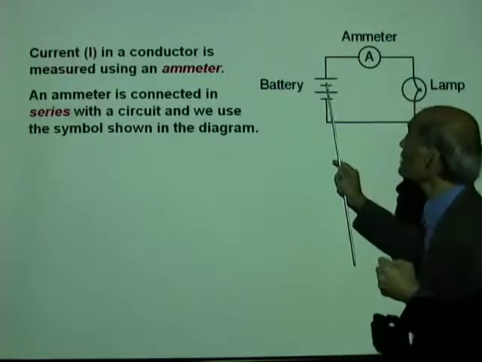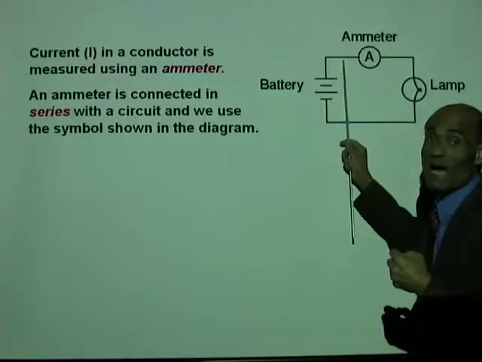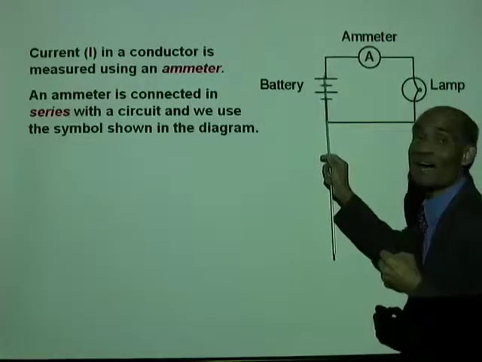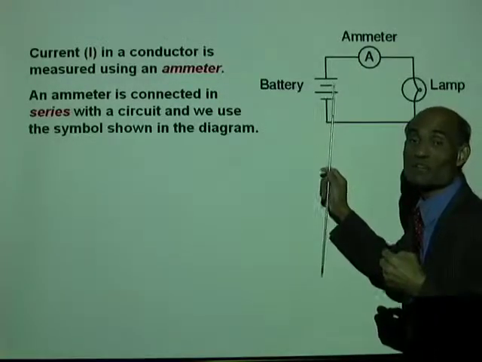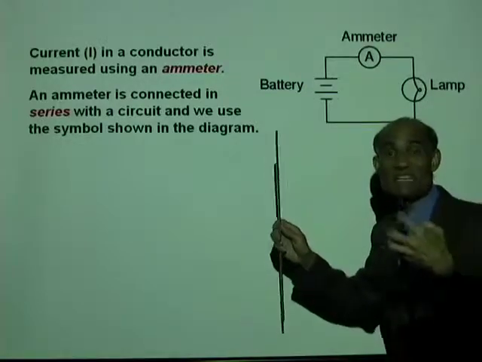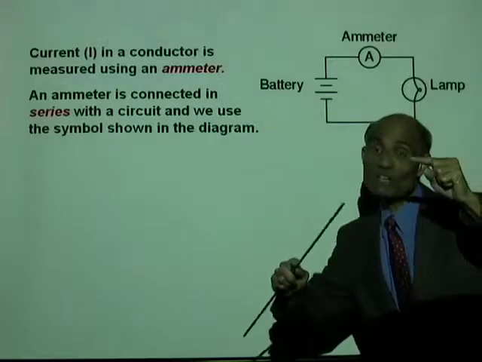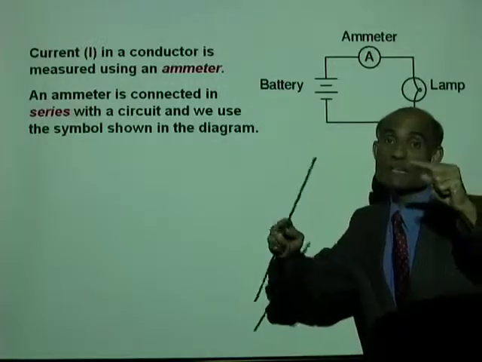And how is it connected? Look at the way the ammeter, the resistor and the battery are connected. This kind of a connection is what we call a series connection. In other words, end-to-end connection until we complete the circuit.